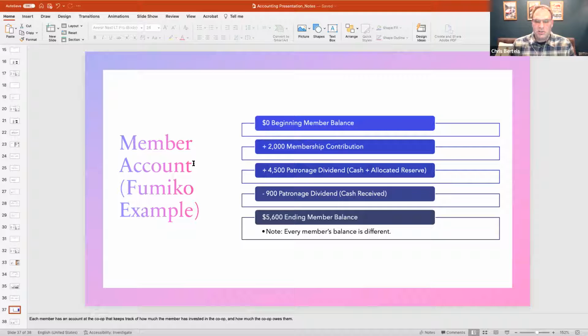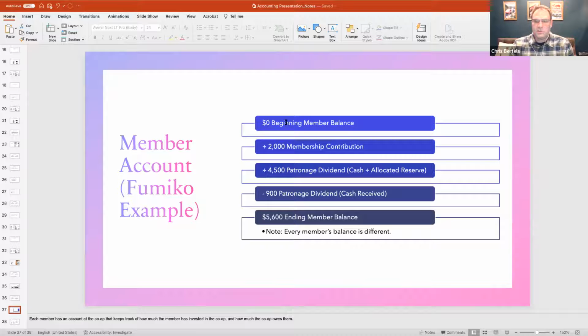Each member is going to have what's called a member account. It's sometimes referred to as a capital account, but that's just showing how much the co-op owes to the member.